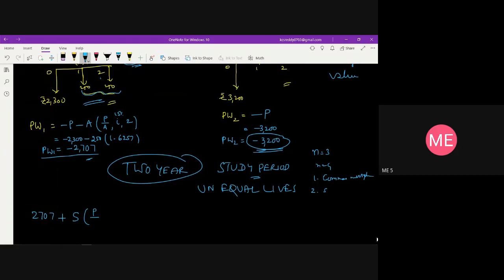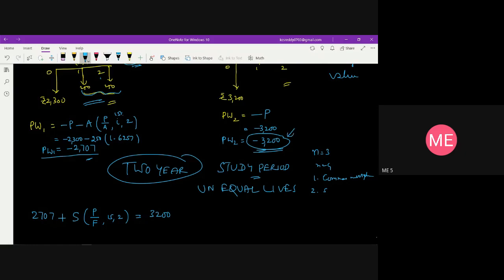So there is a salvage value, and we are going to find out the present worth. Salvage value is nothing but a future amount. It is not an annuity. That is why I'm using the factor P by F, for 15 percent interest. Here the salvage value is nothing but the difference of both present worths, which is 3,200 that you have calculated.